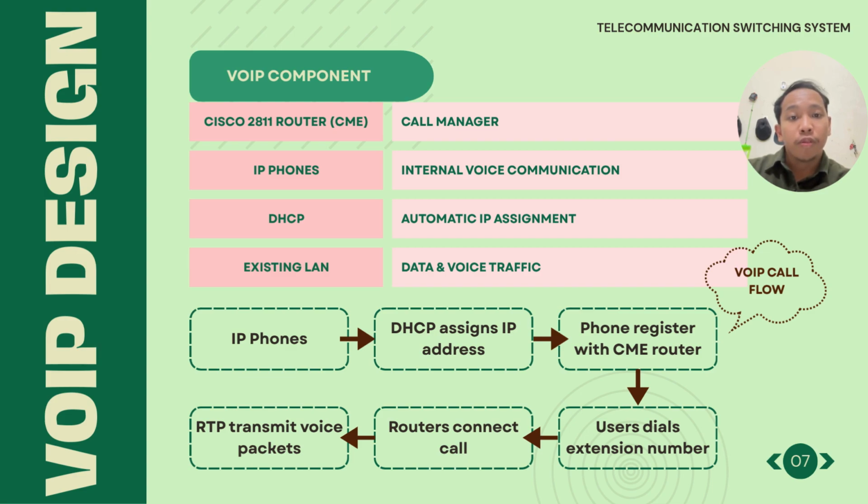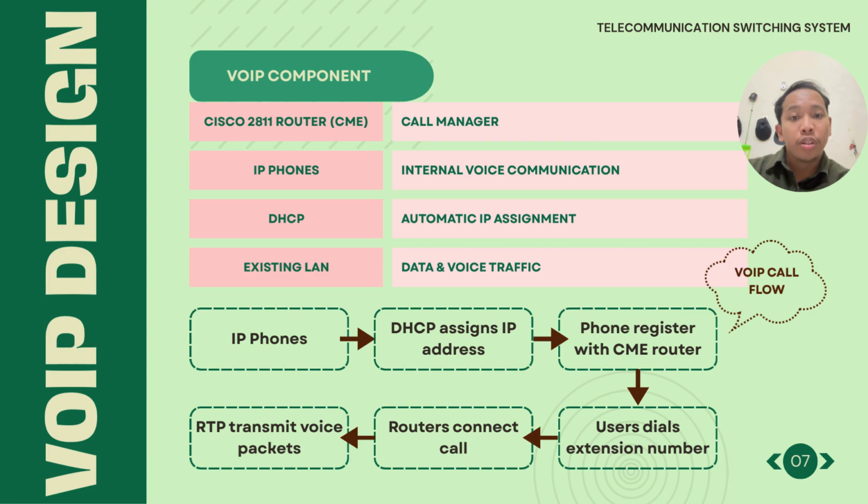A DHCP server is configured to automatically assign IP addresses to each IP phone, making the deployment process faster and easier. The VoIP system also shares the existing LAN infrastructure, allowing both voice and data traffic to be transmitted over the same network.